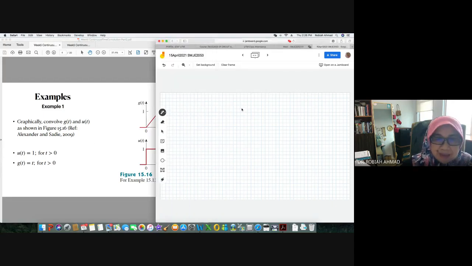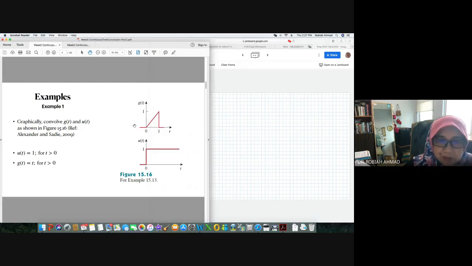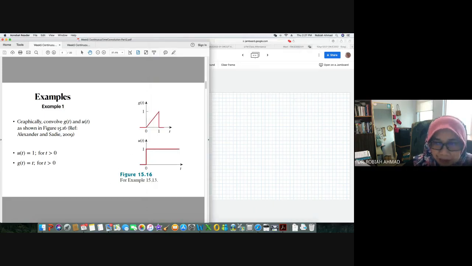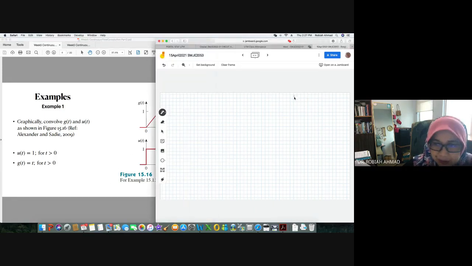Okay, again I revise. If you still remember, in chapter 1 we learned about unit functions. We have the ramp, which we usually refer to as r(t), and then we have the step. So always remember this, because we use the step many times. This is the signal for the step, u(t).